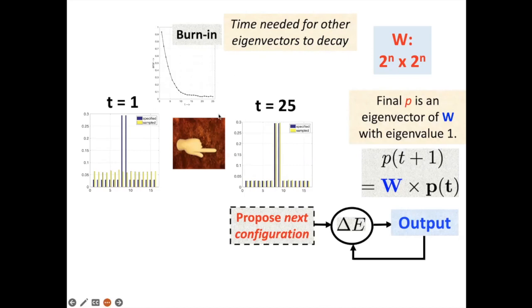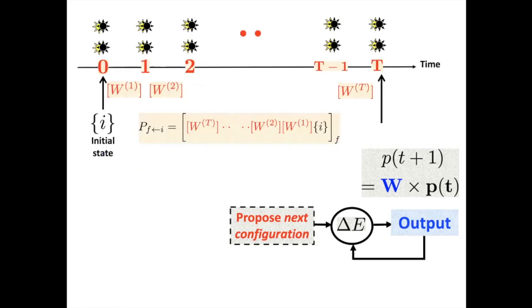So conceptually, this is very powerful. But as I said, as a practical matter, the utility is limited because W is such a huge matrix, hard to write it down, find its eigenvalues, etc. Now, but conceptually, the way you think is when you start from some initial state, the final state is obtained by multiplying with a sequence of W matrices.